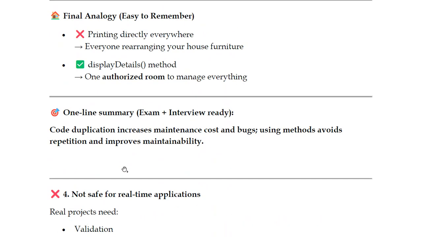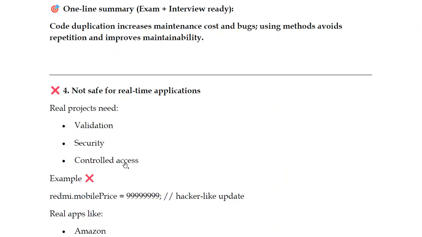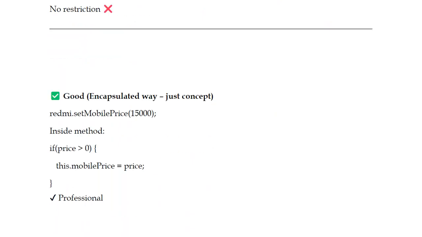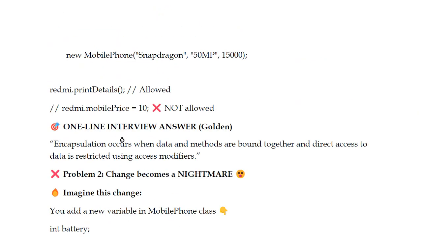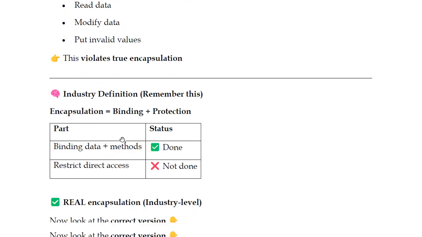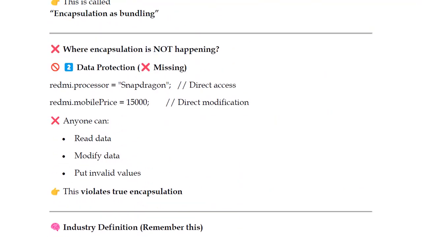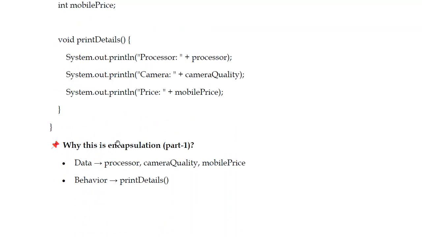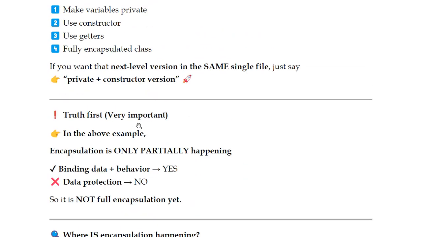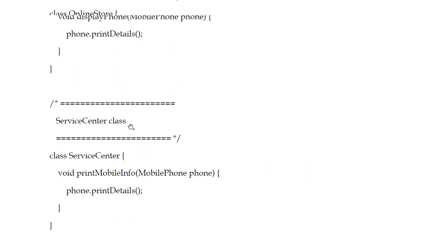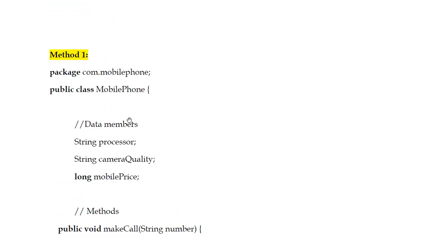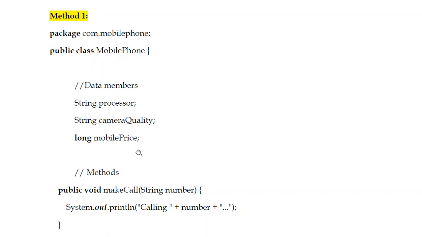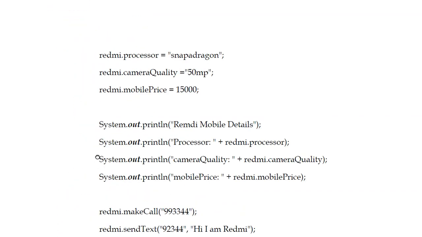I hope you are clear with this. What's the problem with method 1? We have clearly explained it. If you execute this code, there's no error, but the problem is that anyone can access and change the data.